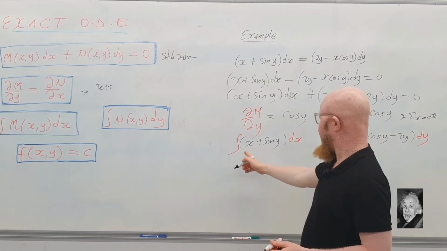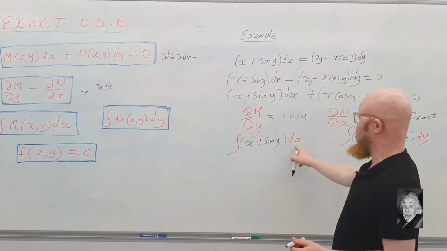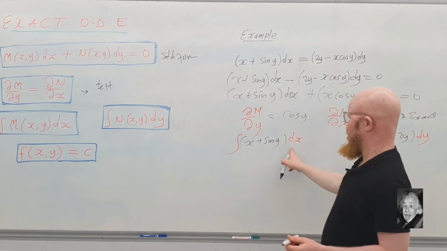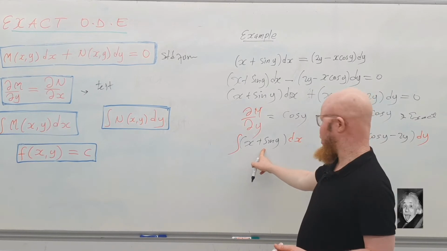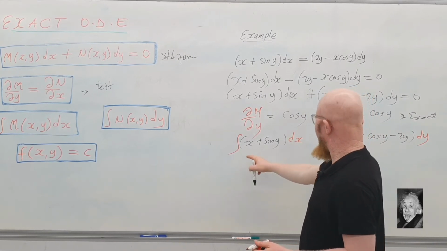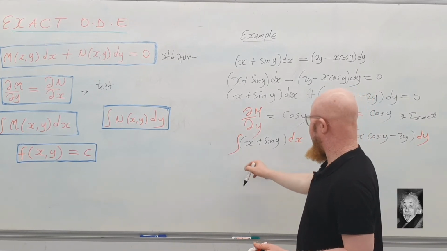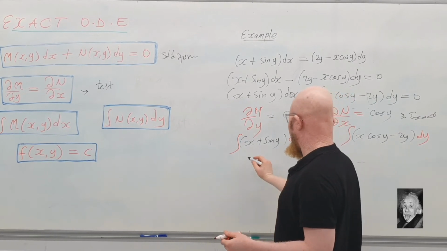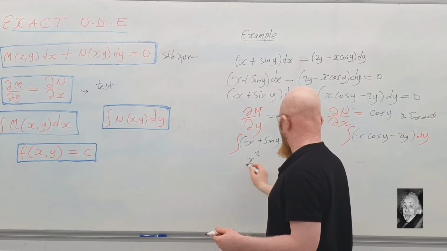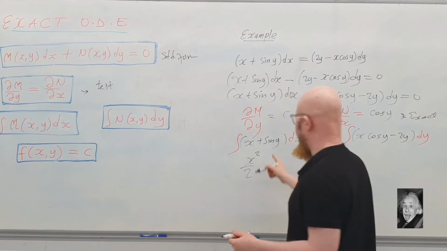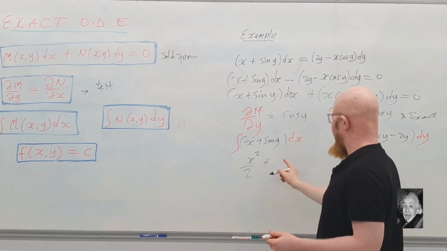Let's see. If I integrate this with respect to dx, that means my y is a constant. So if I integrate x, it will be x squared over 2. And this sine y is a constant, so I'll take it out.